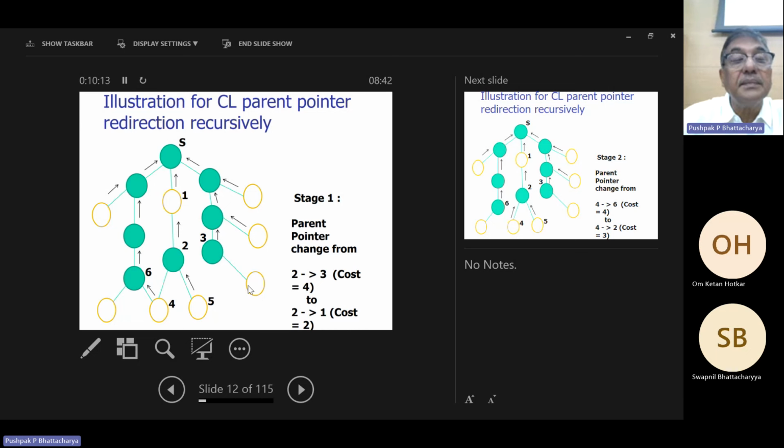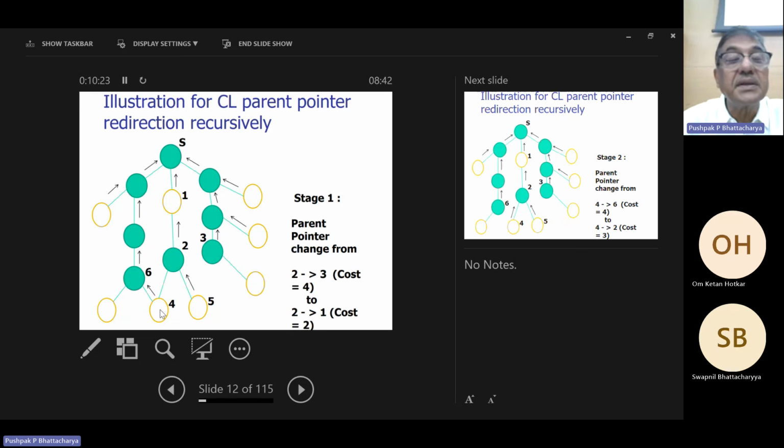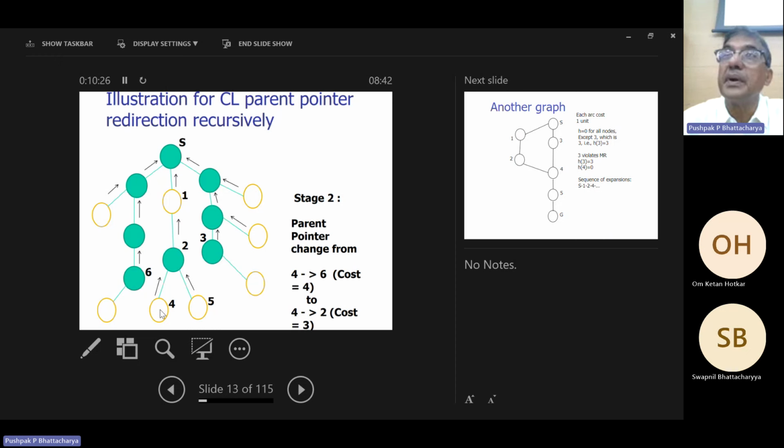And then this parent pointer redirection needs to be percolated for 4 also. Okay, it changes from 4 to 6 to 4 to 2. Okay, because a less costly path has been found. So this is a case.